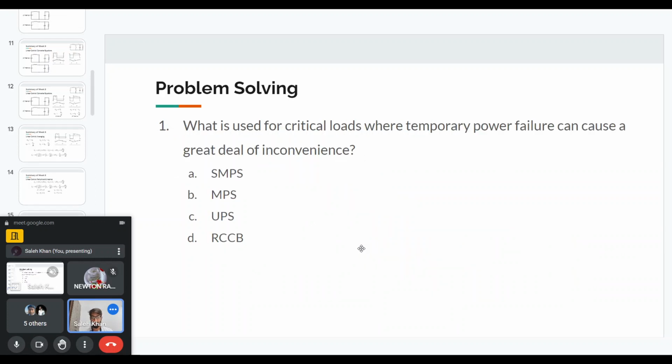So now we can come to the problem solving. Before we begin, let's have a short break, and then we'll come to the problems. These problems are in general for the whole course, not specific to the eighth week.